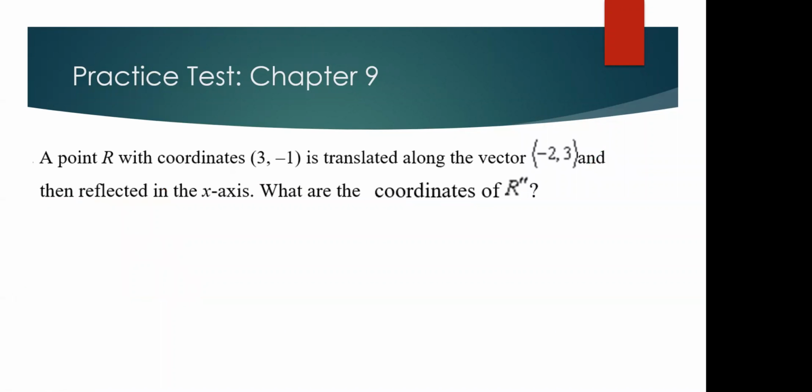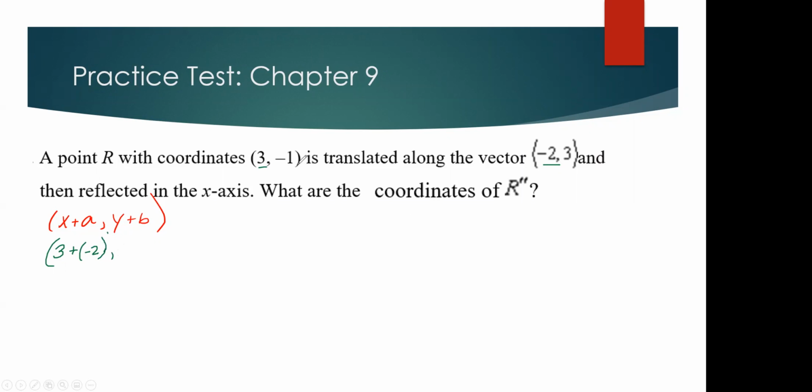Next problem. A point R with coordinates +3, -1 is translated along the vector -2, +3, and then reflected in the x-axis. What are the coordinates of the reflection of R? Okay. So first thing, just like we did in the previous problem, we are going to take the x coordinate and add the value of A in the vector, and then take the y coordinate and add the value of B. So the x coordinate is +3, plus the A in the vector is -2.